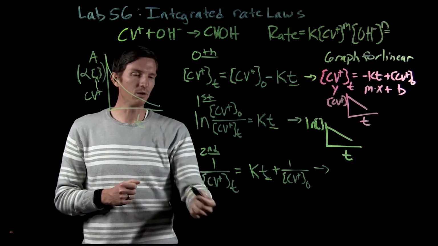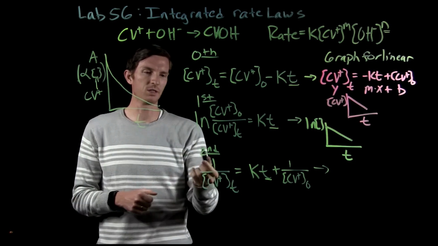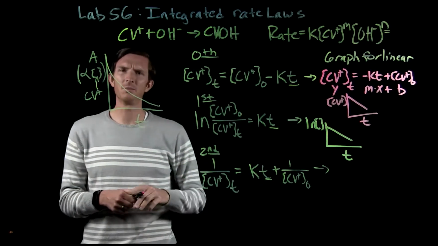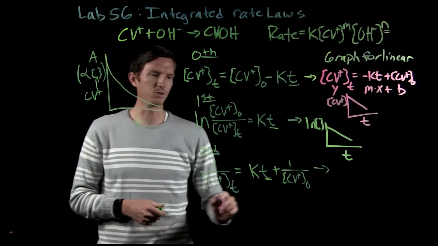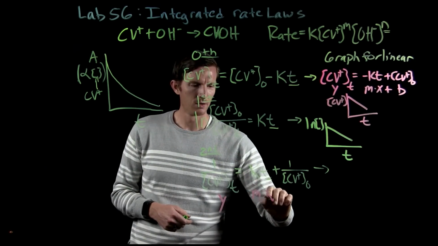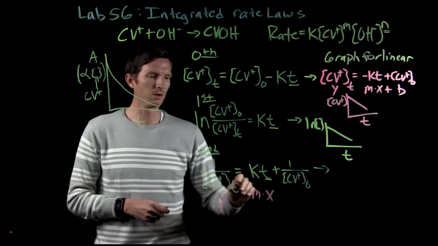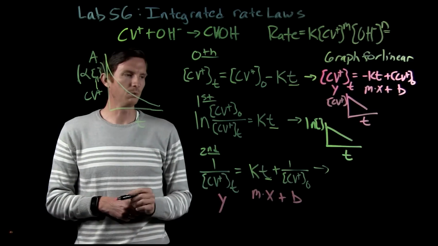And then we go back over here to our third relationship, the second order. Again, if we want to graph something that would be linear, this is our y, 1 over crystal violet concentration. Our rate constant times time is our mx, and then 1 over our initial crystal violet concentration would be b.